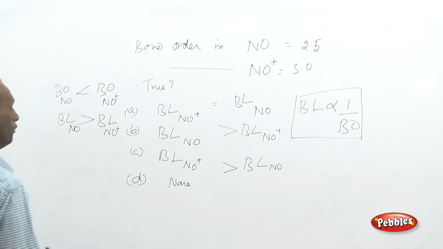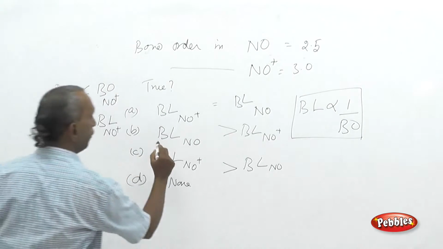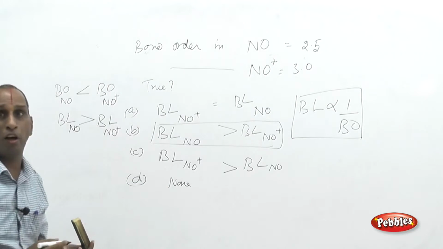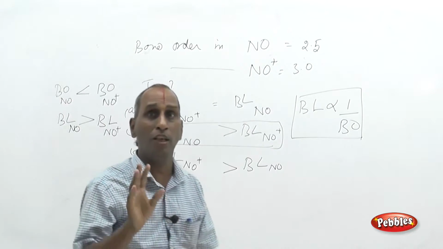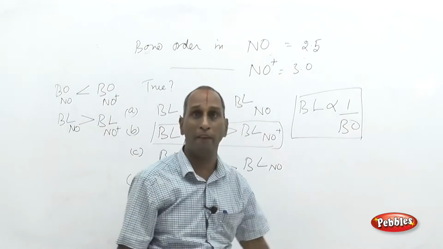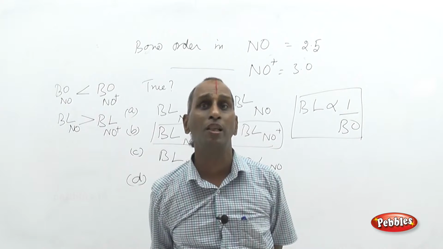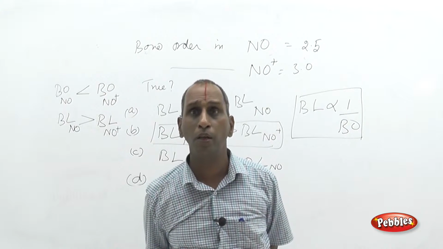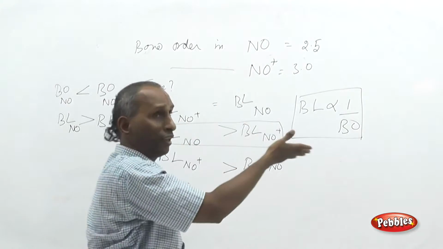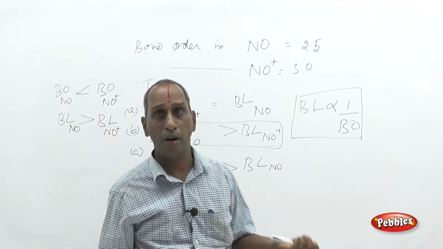So this choice reads: bond length of NO greater than bond length of NO plus. So the second choice is the correct choice for this statement. In general, we have to remember the correlation between bond length and bond order. Bond order varies inversely with bond length. Higher the bond order, lower is the bond length. Bond order values are given, and it means an inverse variation with respect to bond length.